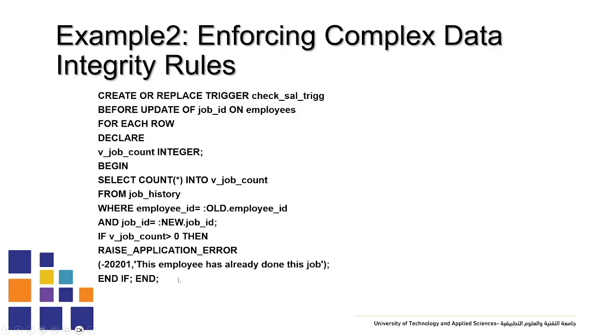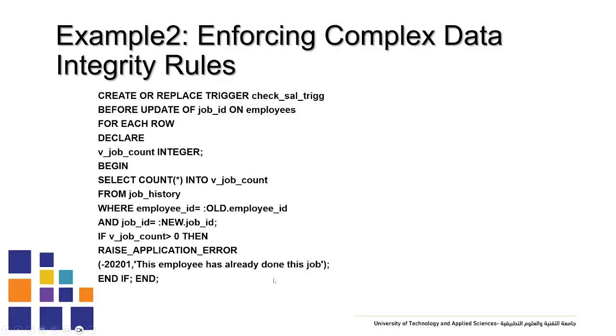The error will stop the update operation from completing, and the user will see the error message. Of course, to complete this condition, it has to end that if statement, and perhaps also end the trigger, right? So this marks the end of the body of the trigger logic.